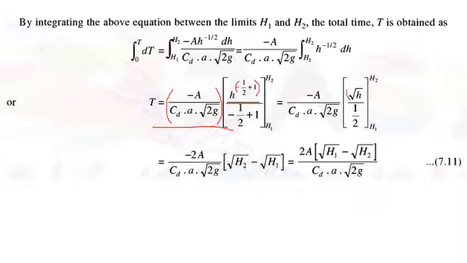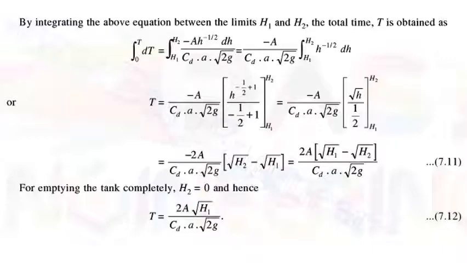Hence we have square root of h here, and in the denominator we have 1 by 2. After taking 1 by 2 outside, we get minus 2A by CD into a into square root of 2g, and inside brackets square root of h2 minus square root of h1. Finally it comes to 2A into square root of h1 minus square root of h2, the whole divided by CD into a into square root of 2g.